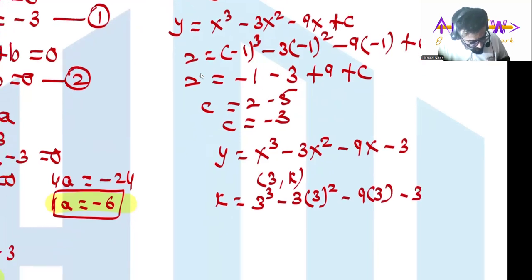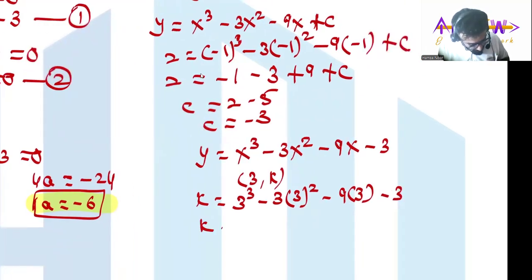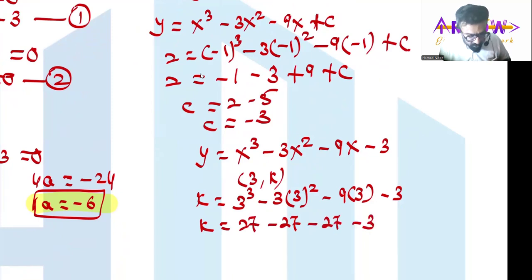So k will be equal to 27 minus 27 minus 27 minus 3. So 27 minus 27 cancels out, and k is therefore equal to -30.